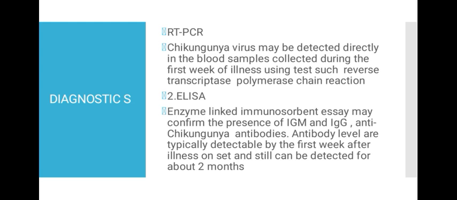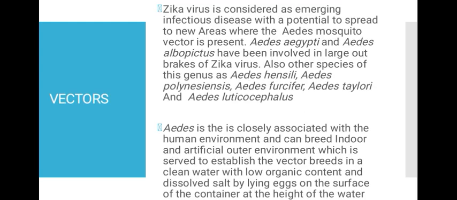Zika virus is a 500 nm enveloped RNA virus with an inner nucleocapsid and an outer lipid bilayer. The Asian lineage has been responsible for the current global expansion of Zika viral infection. Zika virus is considered an emerging infectious disease with the potential to spread to new areas where the Aedes mosquito vectors are present. Aedes aegypti and Aedes albopictus have been involved in large outbreaks of Zika virus.